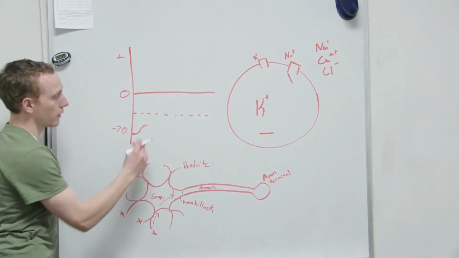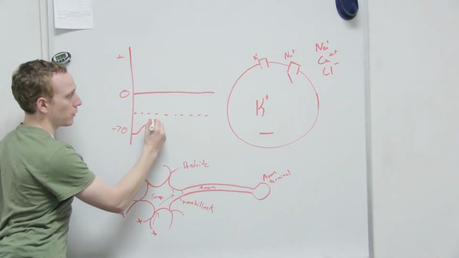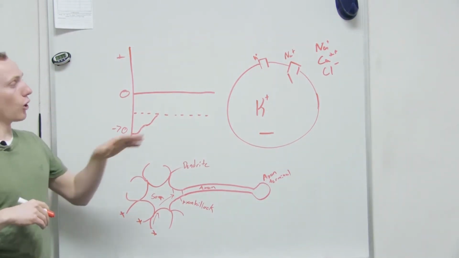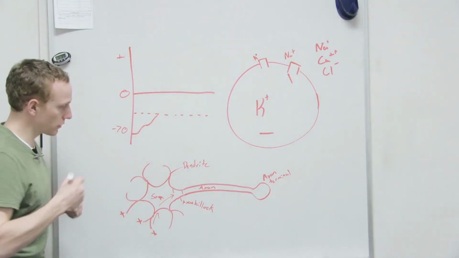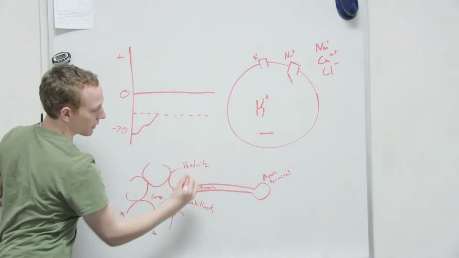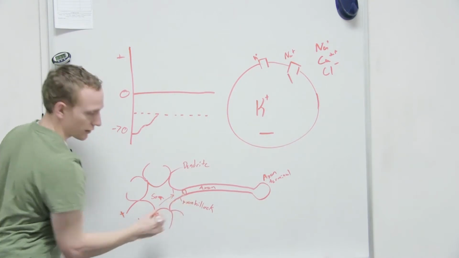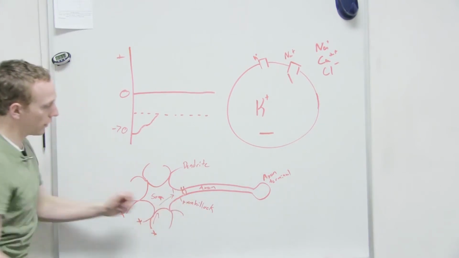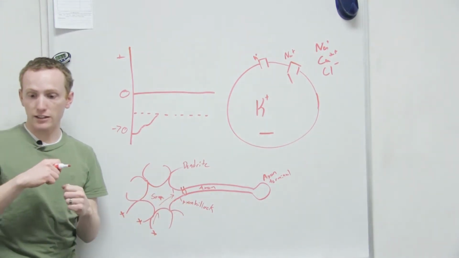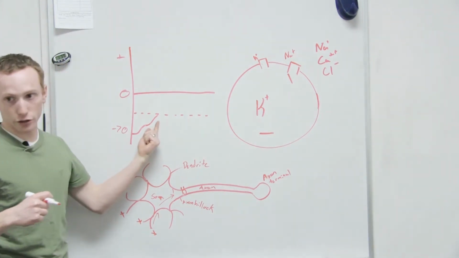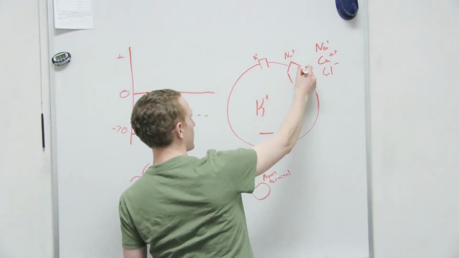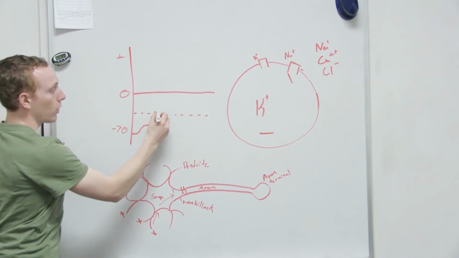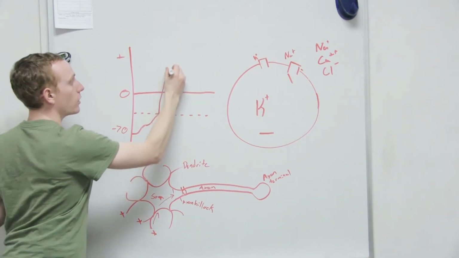They'll summate, and once they hit threshold, that's the point at which all of the sodium gates in that area open. Looking at this as a cross section, it's just a small area on the axon. In this very small area, it hits a specific charge where there are enough negatives to force open all of the sodium gates, okay? So once you open all the sodium gates, you get an action potential.